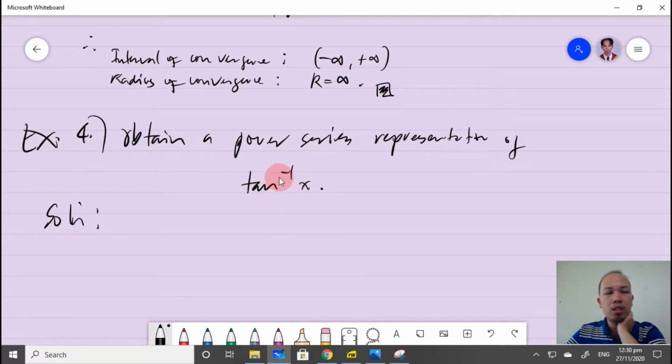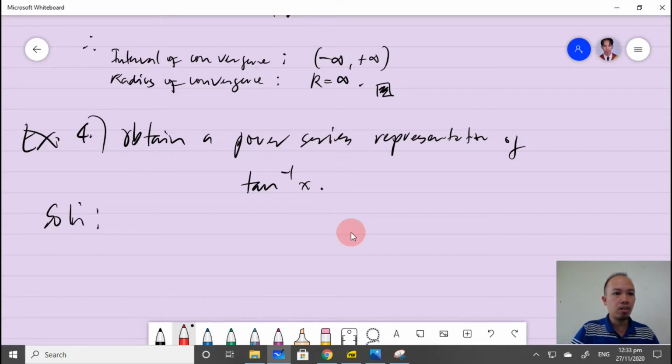How do we get a power series representation of tangent inverse of x? Pause for a moment and then analyze. There is a trick here.